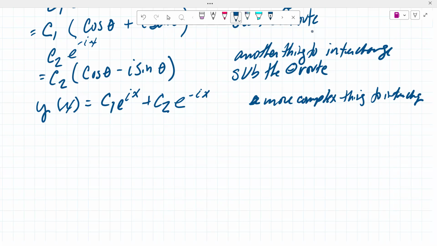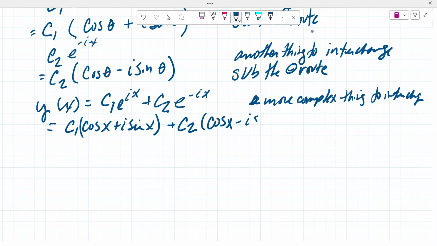But notice that we've already solved these because we basically did this part by part. So y of x is equal to C1 cosine x plus i sine x plus C2 cosine x minus i sine x. The solutions are above, we just sub in.